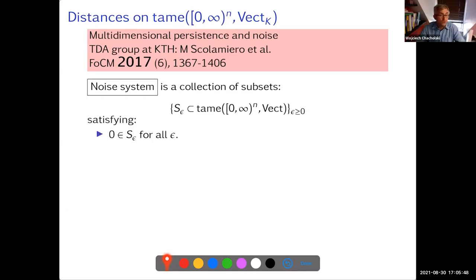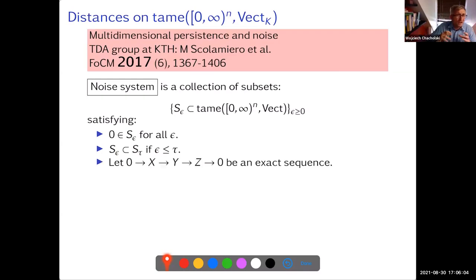For example, this is a disk around zero, so it has to contain zero. Another thing: if radius epsilon is less than tau, then the disk with radius epsilon has to be included in the disk with radius tau. And here is an algebraic constraint. If you have an exact sequence of these parameterized modules, and if the bigger one is of distance epsilon to the zero object, then so is any of its submodules and quotients.